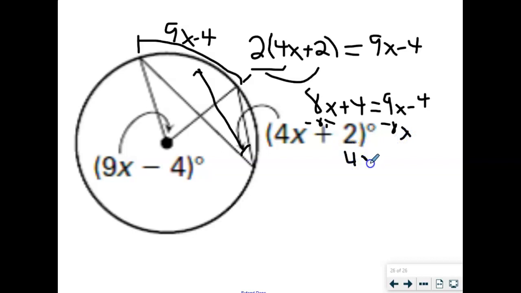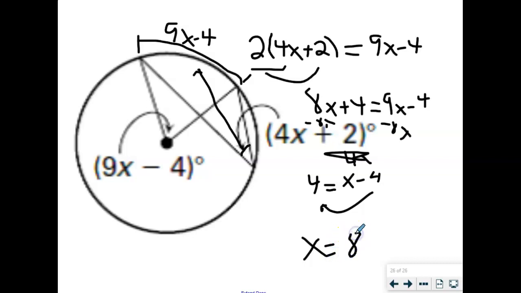So 4 is equal to x minus 4. Now add 4 to the other side and you get x equals 8. And that is it.